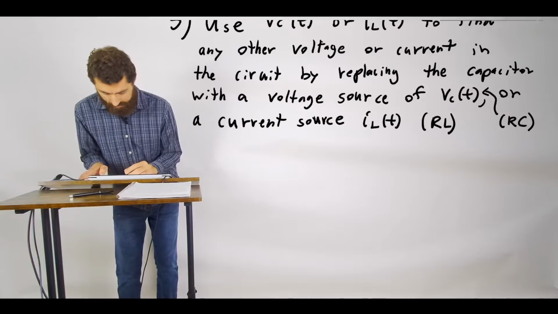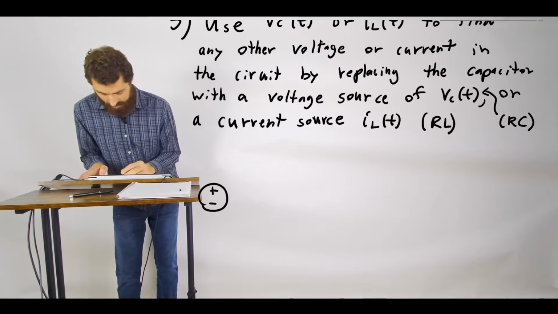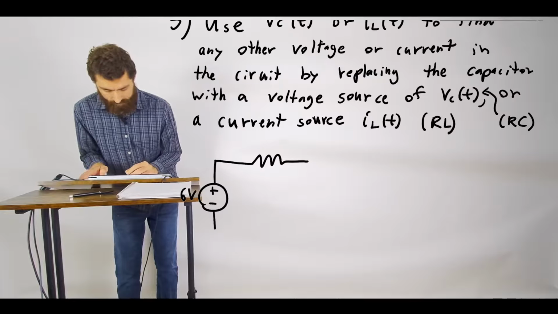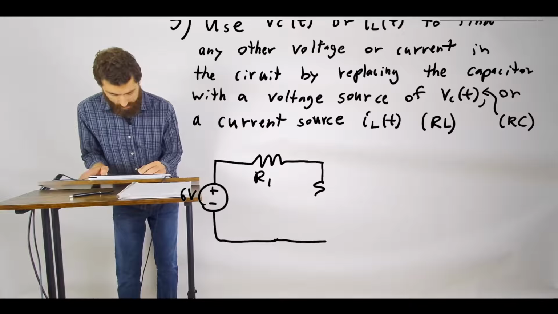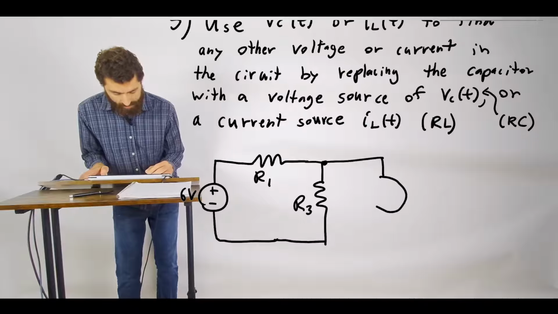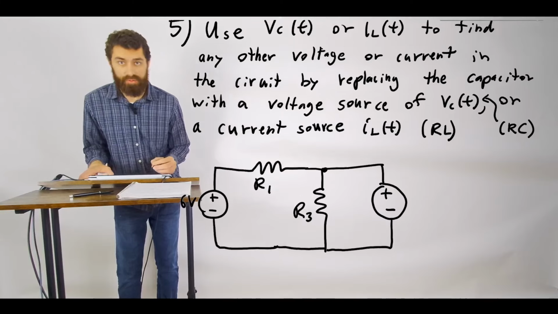We've got 6 volts, our R1 resistor, and R3. Then we have our capacitor, but we're replacing that with a voltage source.